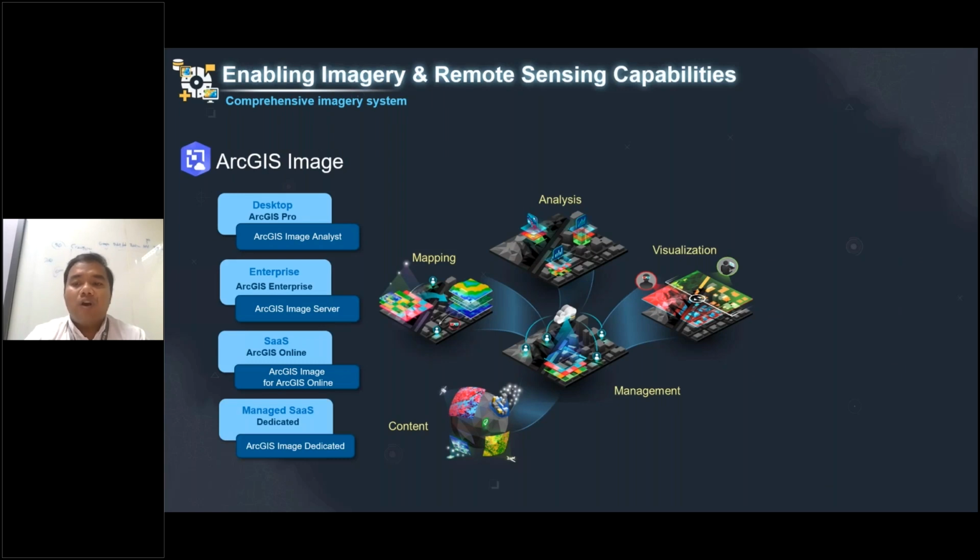It empowers your organization to host, analyze, and stream imagery and raster collections from your desktop, on-premise, or in the cloud. So, you can run image analysis and raster analysis at site, city, country, and even at a global scale.